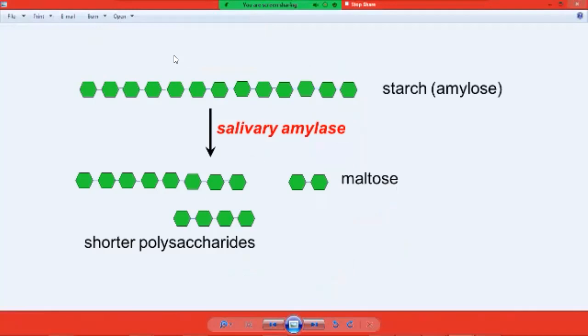Amylopectin. So the branched chain starch is called amylopectin, and the straight chain starch is called amylose. So when it's eaten, the salivary amylase breaks down the food into shorter polysaccharide and maltose. Remember that maltose is what? Glucose plus glucose, right? Good.